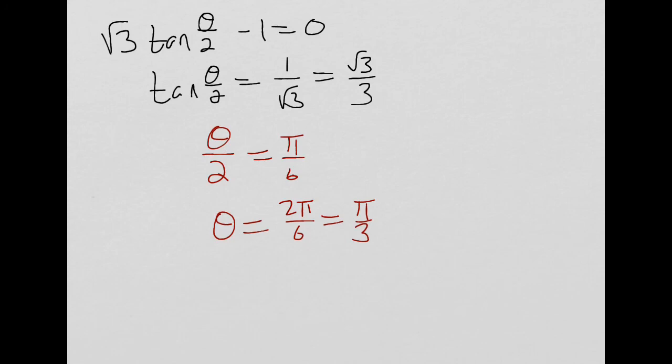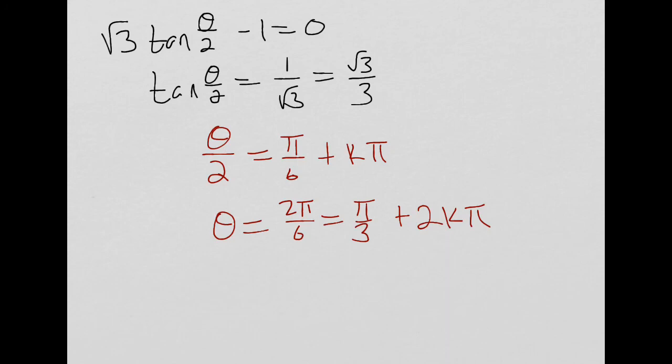Now, what I really should do to keep this on the up and up is note that this is going to be plus k pi because of the periodicity of the tangent function. And down here, I multiplied by 2, so plus 2k pi.